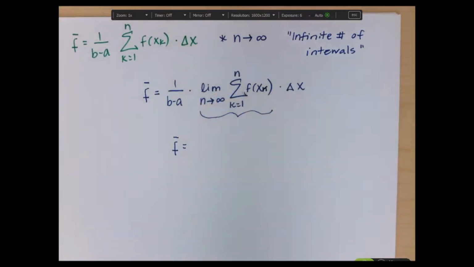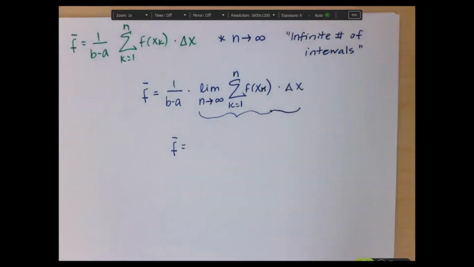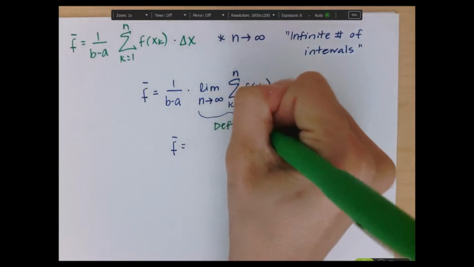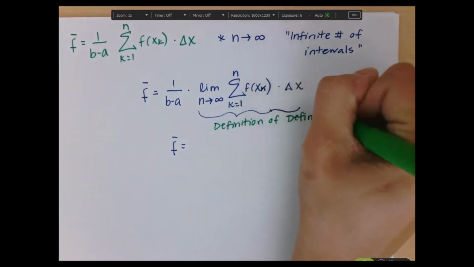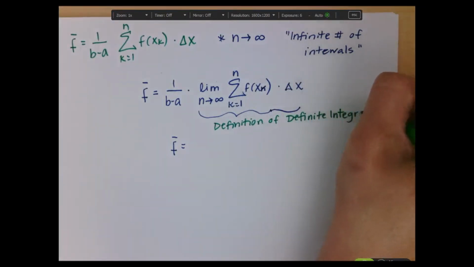To finish this all off, this right here, and I should have included this piece as well, but all of this together is our definition of the definite integral. That's what a definite integral really is.